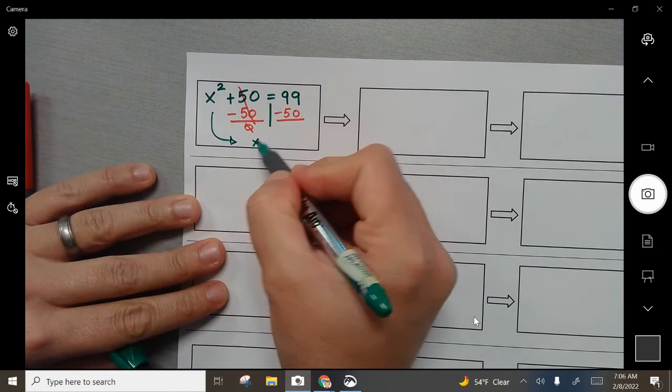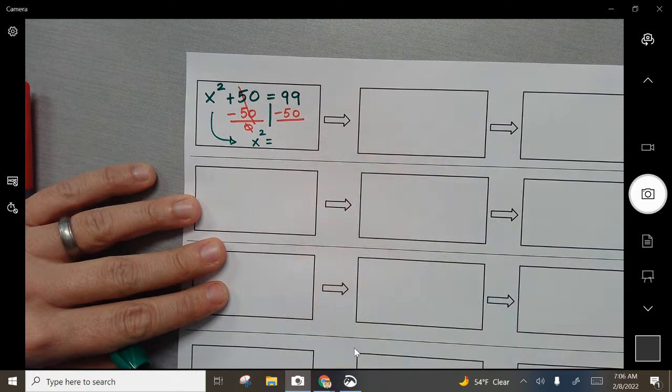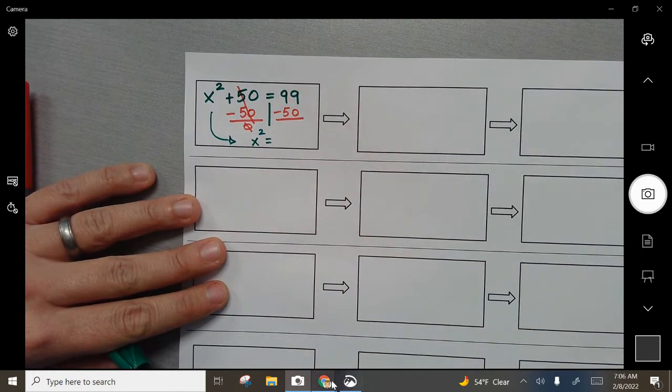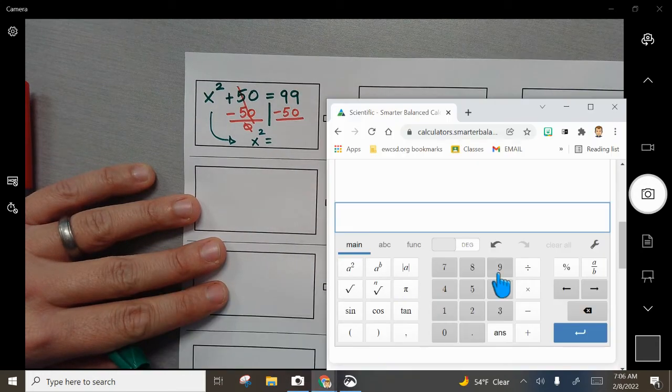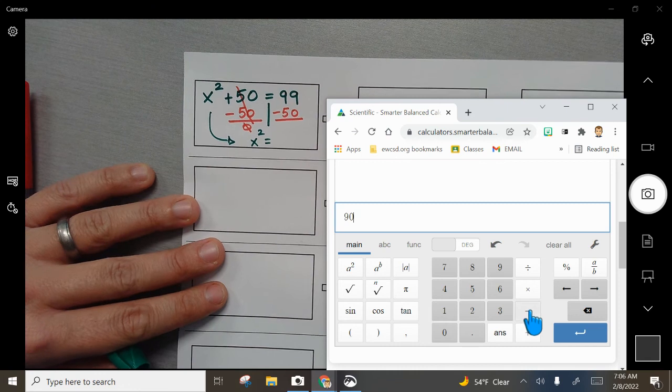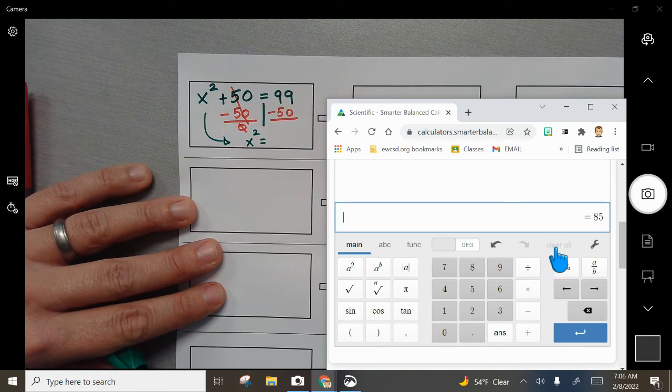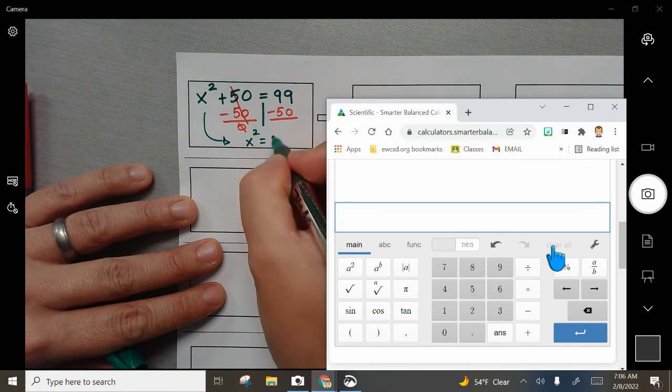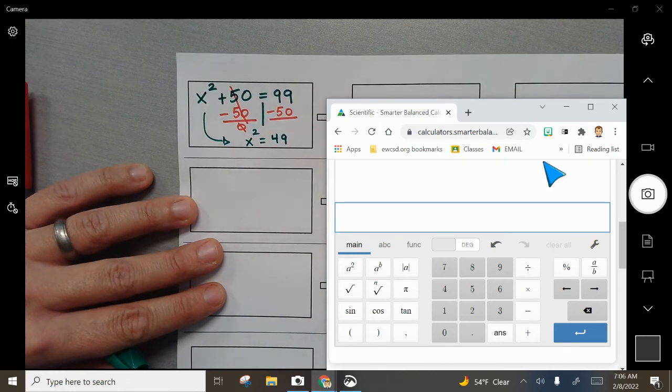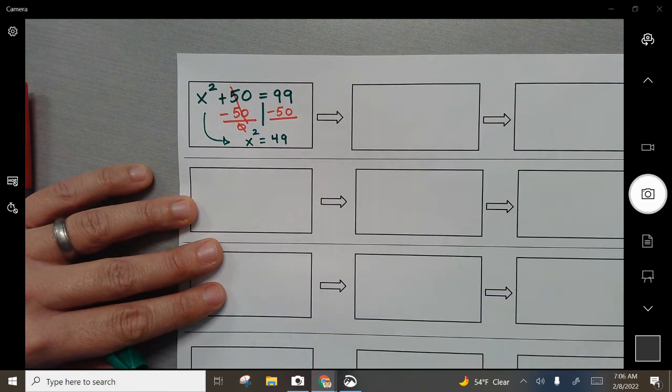You're still going to have your x squared equals, and if you still struggled with understanding what, 90 minus what, 50? Not 90, 99? 49, okay? So 49. And we'll leave that over there.